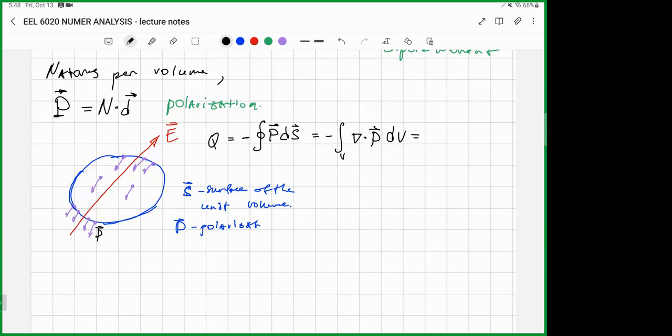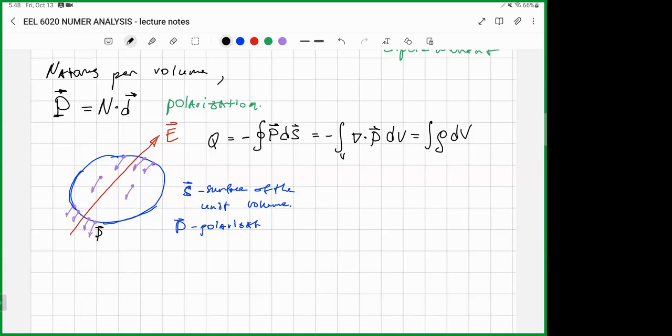Okay, and this is on one side. On another side, this is Q, the total charge, and the total charge is given by the integral of the charge density over the same volume.